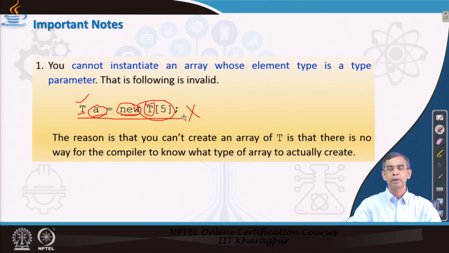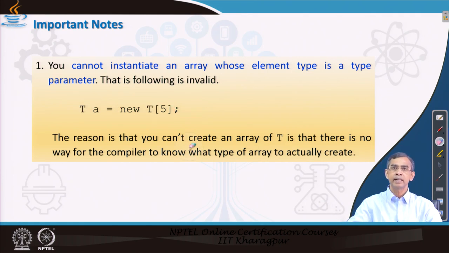For example, if T is integer, then an integer needs 16 bits, that is fine, and then it can work. But suppose T is instantiated for a user defined data type, say student, which has a string and floating point marks. So, it may need say 50 bytes. That is not known at the time of compilation, therefore this is not a valid declaration inside any program. You should not do that.